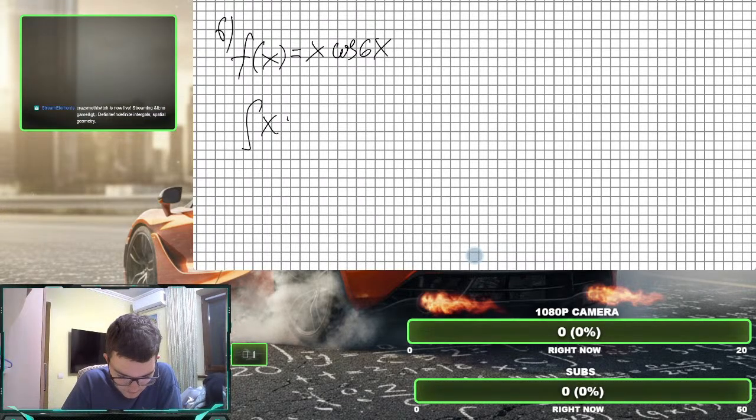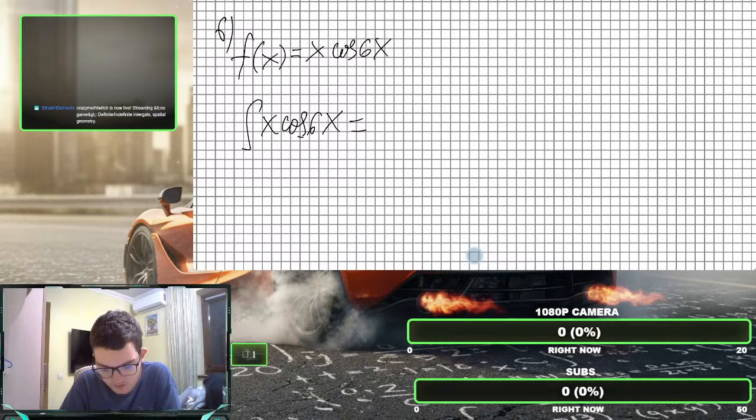So x cos 6x. Okay, so basically trying to integrate this x cos 6x.